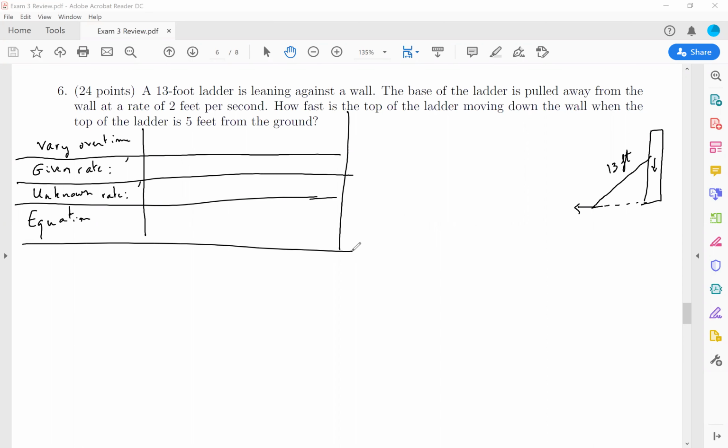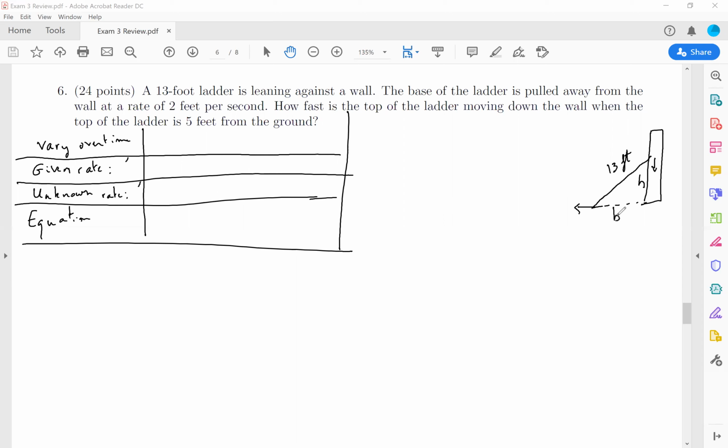All right, so what changes, we see, is the height of the ladder on the wall. So this is changing. So I'm going to introduce h for height, and also the base, how far the bottom of the ladder is from the wall. So the base of that triangle here also varies over time.